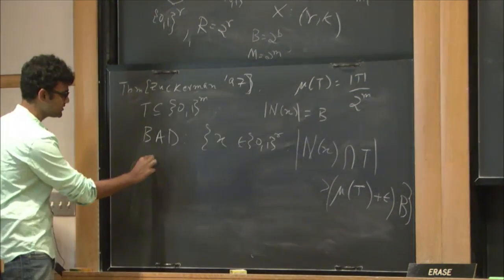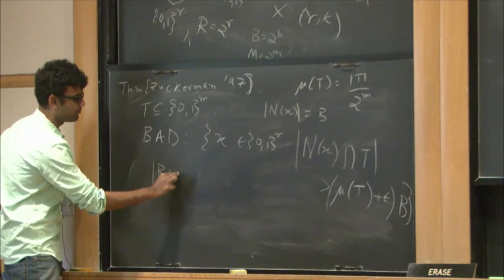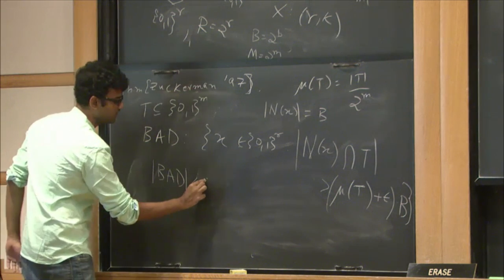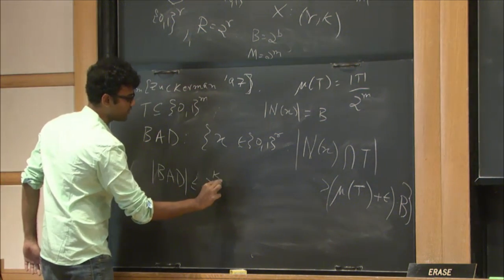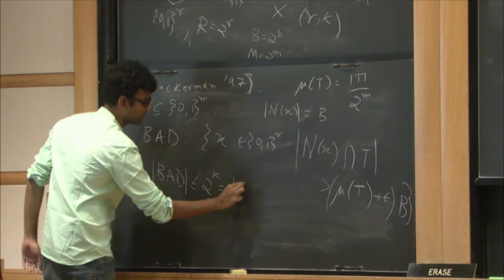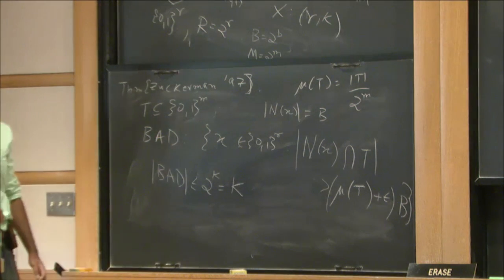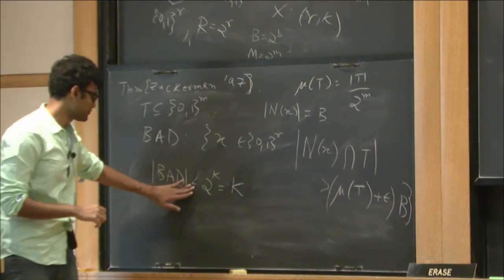So what the theorem says is that the number of such bad x's is bounded by 2 power k, which let's denote by K. Is actually less than this.